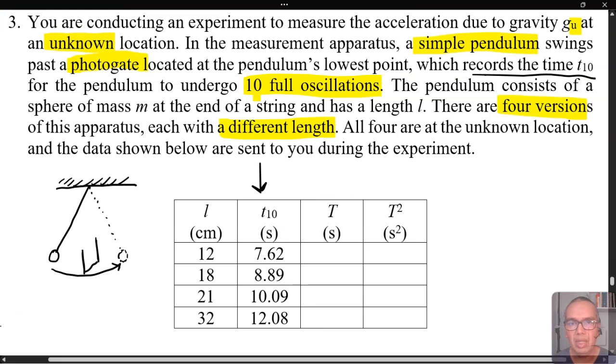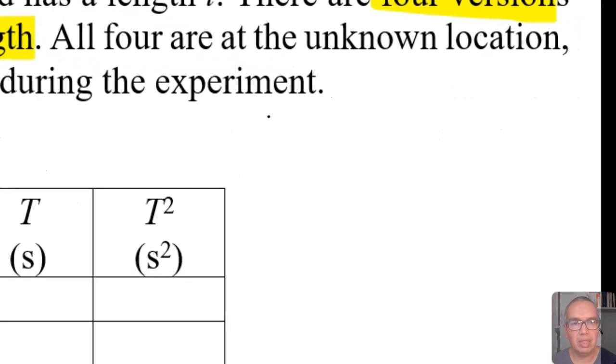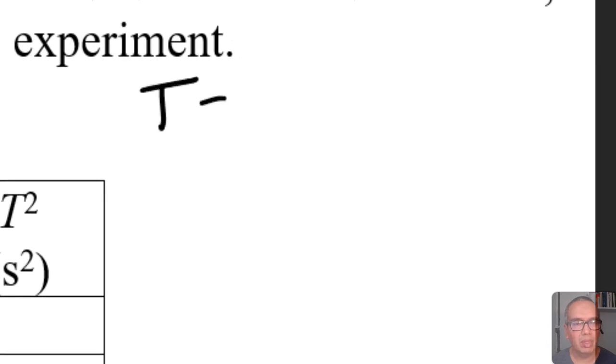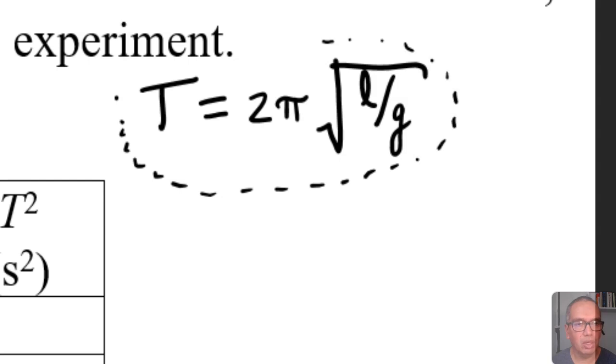Now what's the point here? If you remember from your basic physics, the period of a pendulum depends directly on the length of the string. Basically, by the relationship, period is equal to 2 pi times the square root of the length divided by the gravitational acceleration.